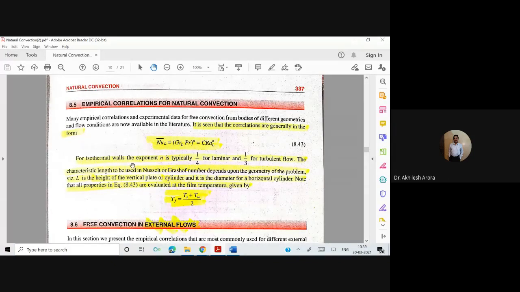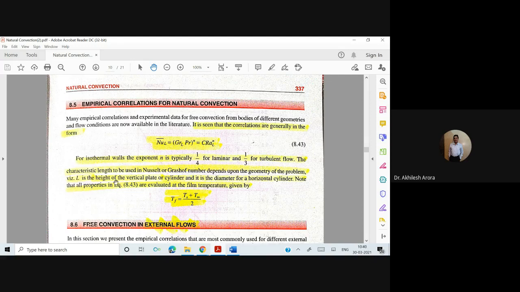The characteristic length to be used in Nusselt or Grashof number depends upon the geometry of the problem: L is the height of the vertical plate or cylinder, and it is the diameter for the horizontal cylinder. So in case of a vertical plate or cylinder, the height will be taken as the characteristic length, whereas if it is a horizontal cylinder, we have to consider the diameter.